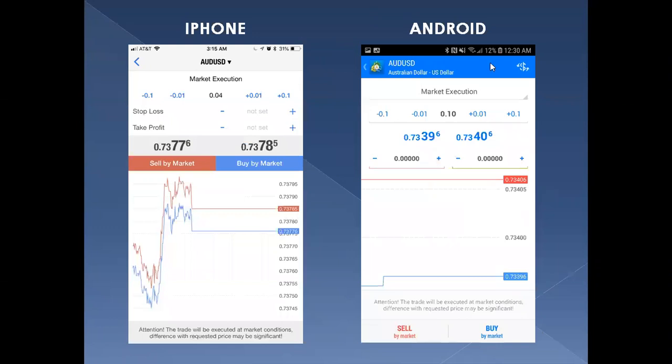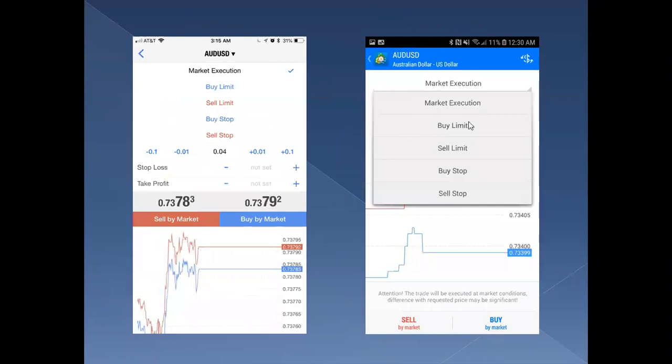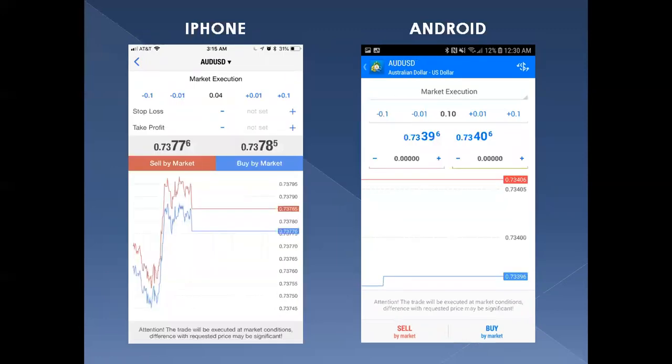At the very top, you want to verify what trade you're in. The order is down below. If you tap on that, this is what's going to drop down: market execution, and here are those limits and stop orders. You have to tell MetaTrader 4, what am I doing? So let's go back and do a market execution.